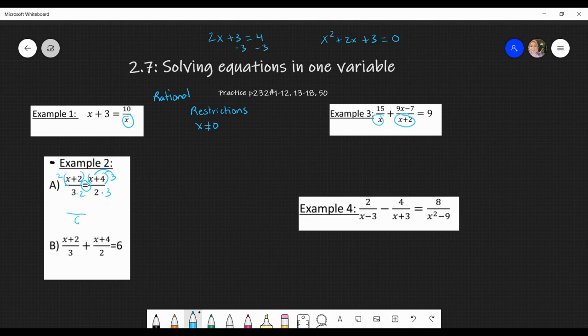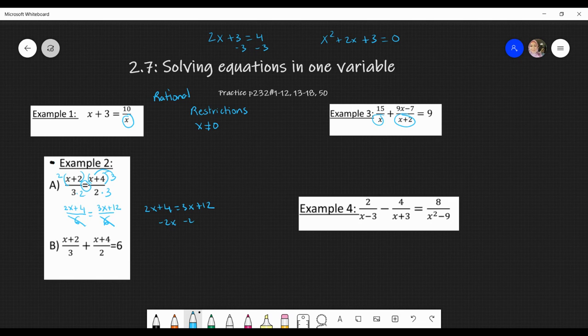Now that I have 6 on both sides, I can actually get rid of the denominator and just take the equation that equals numerators. So 3x plus 12 equals the other numerator, and I can treat it now just like numerator equals numerator. And I can solve it nicely.